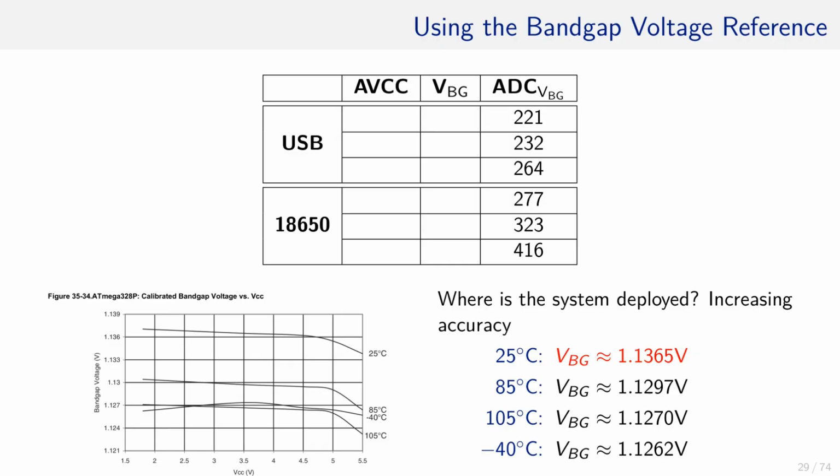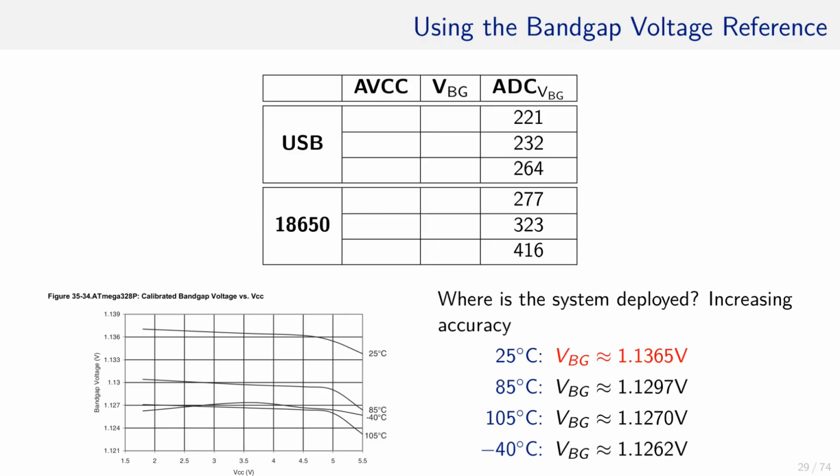A peek into the datasheet reveals that despite multiple possible external influences, it is a surprisingly stable voltage. It varies by around 10 millivolts depending on the temperature. Also, the input voltage, that is VCC, has some influence. The bandgap reference drops a bit for VCCs higher than 5 volt, but till 5 volt it is rather constant.